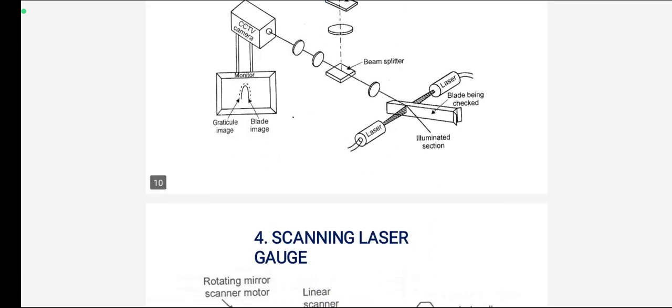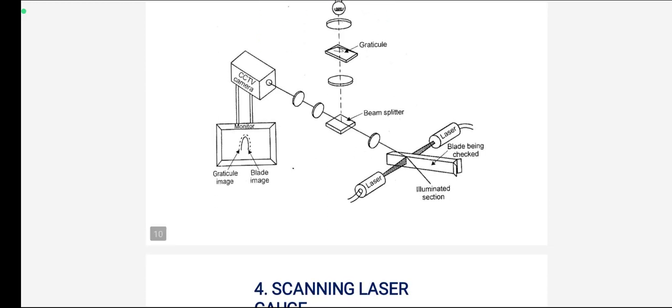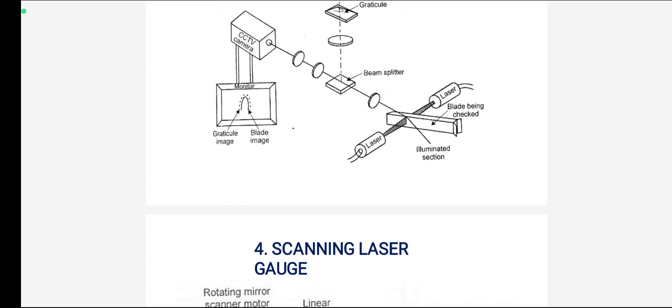Here the object is placed and the beams placed between the beam splitter. Here the laser light is passed to the beam splitter. The split lines, the monochromatic lights, are recorded by the CCTV camera. So here the profile is checked for the object.